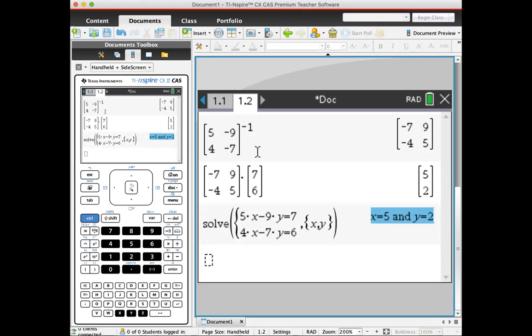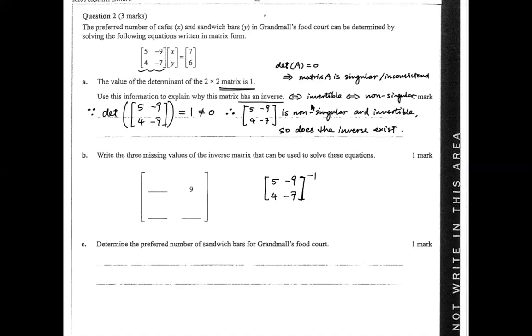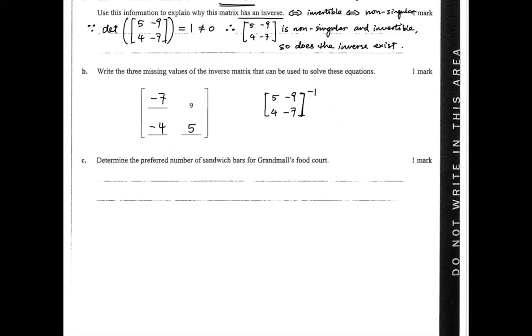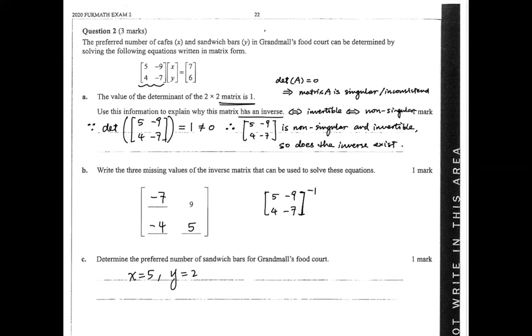And the preferred number of sandwich bars for Grand Mall's food court. X is 5, Y is 2. But make sure we answer the question.